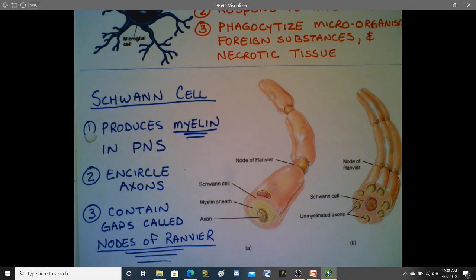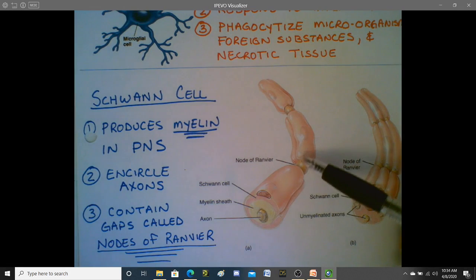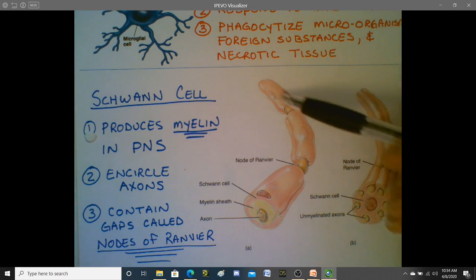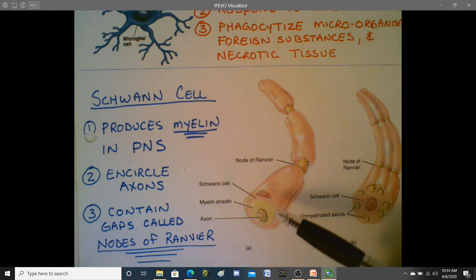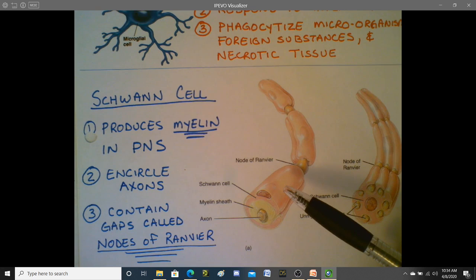I really think of it as like a hot dog bun. So your axon is the hot dog, and the myelin sheath going around it is like the hot dog bun. Now, it says, number 2, that they encircle the axons, but the axon is going to be continuous. It's like a really long hot dog, but the myelin sheaths made by the Schwann cells are smaller.